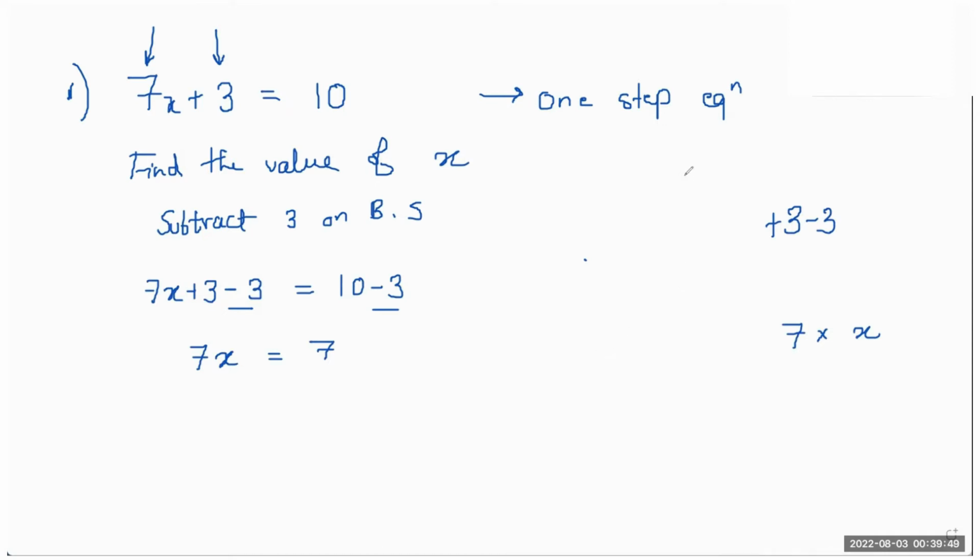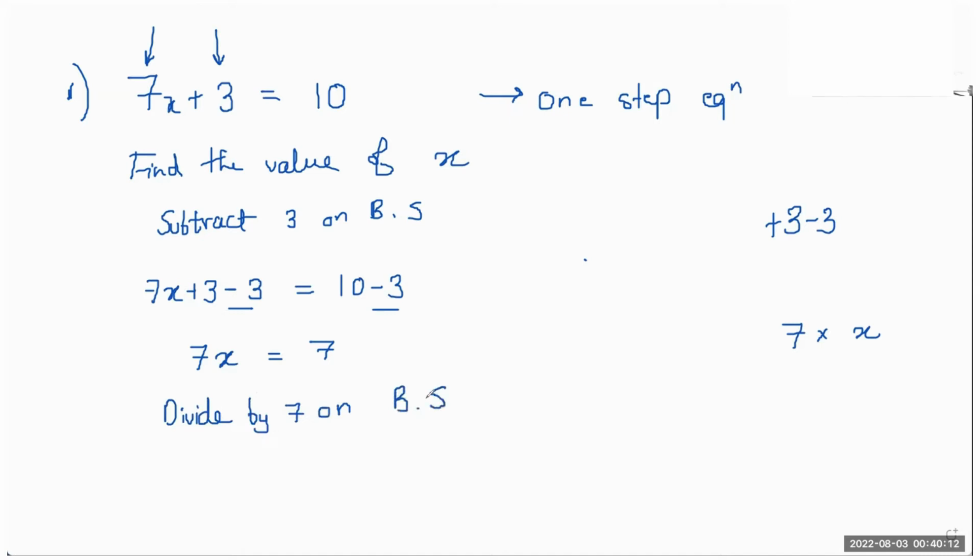For example, here there was plus 3 which was bothering me, so I used minus 3. For plus, I used minus. For multiplication, what should I use? Division. Exactly. So you divide by 7 on both sides, correct?